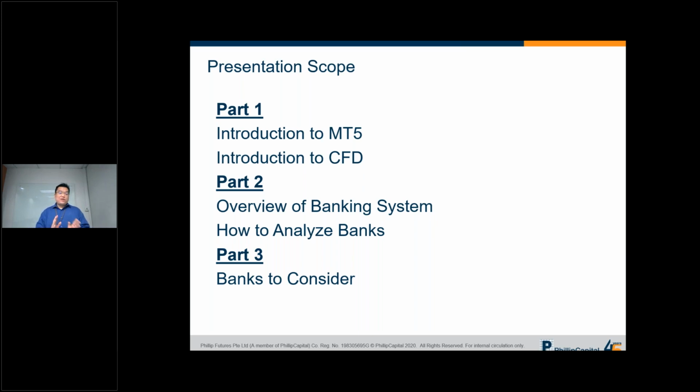So we're going to cover the various metrics that we generally look at, and from then on, how you select which are the right banks for you to invest in. Towards the end, I'll take some time to introduce some banks that I think may interest you based on the current climate. These are the few banks that I feel, based on their financial metrics, you can take into consideration. And I'll also be explaining some promotions that we're running.